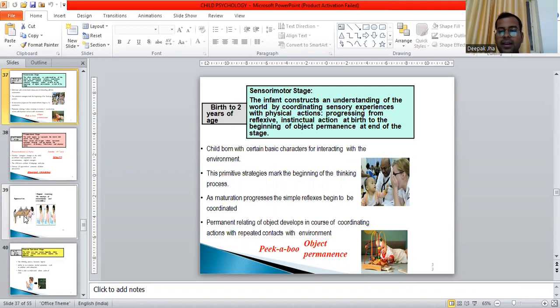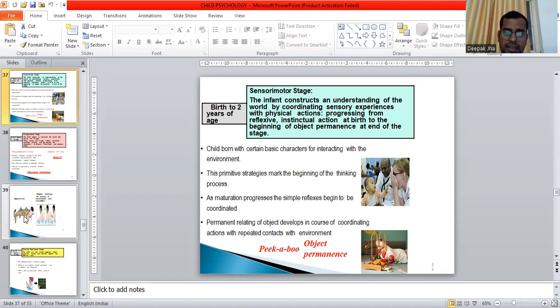And as this stage progresses ahead, the child develops something called object permanence. The child is born with certain basic characteristics for interacting with the environment. These primitive strategies mark the beginning of the thinking process. So it is basically stating that every child is born with certain basic instinctual characteristics, and these characteristics mark the beginning of the thinking process.